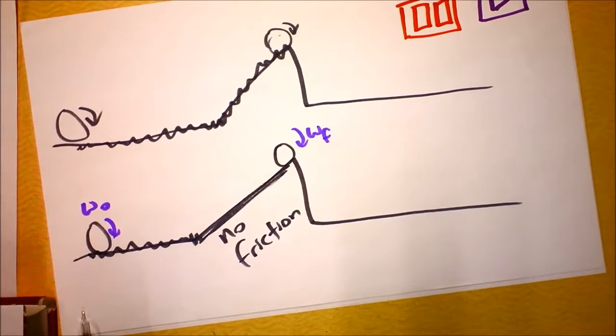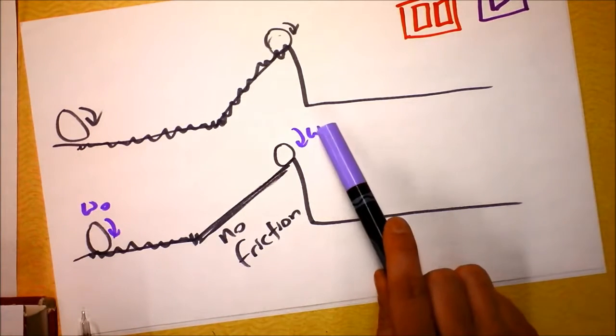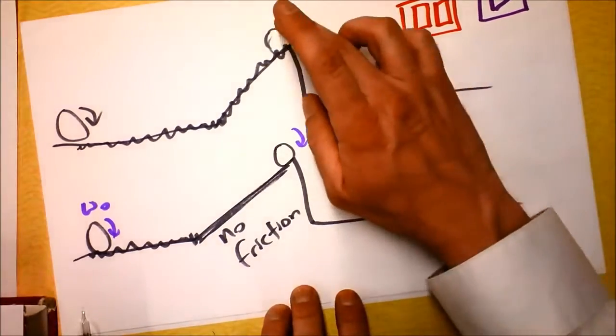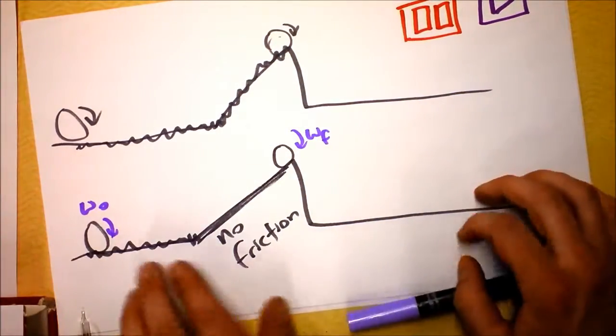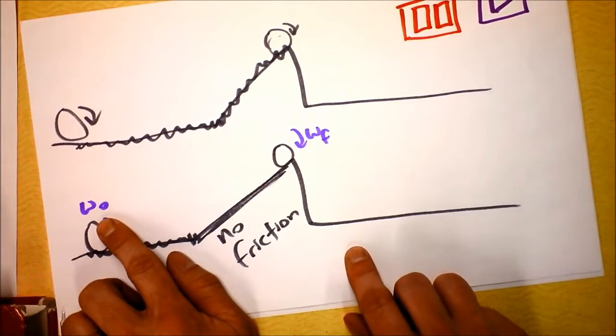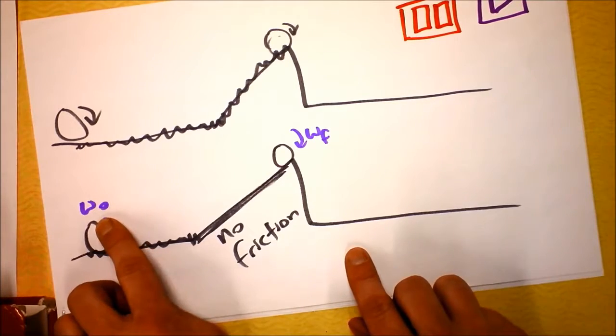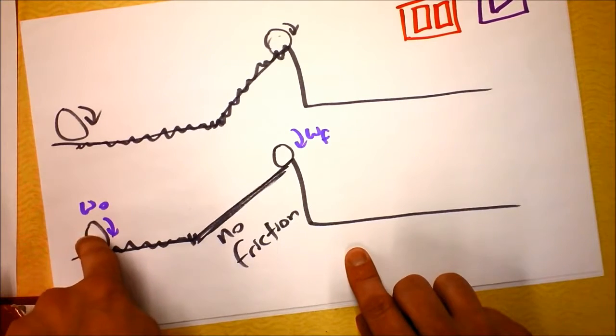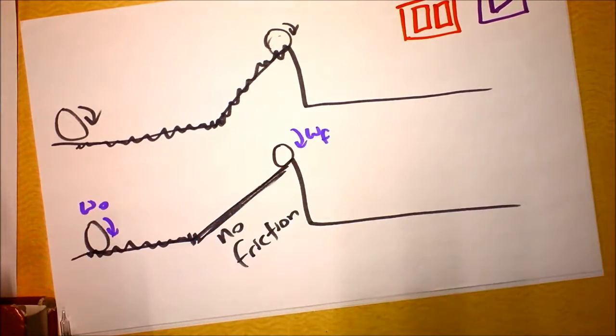Only friction can make it change, right? I'm saying that omega here is the same as omega here because this ball has experienced no torque as it goes up the ramp.